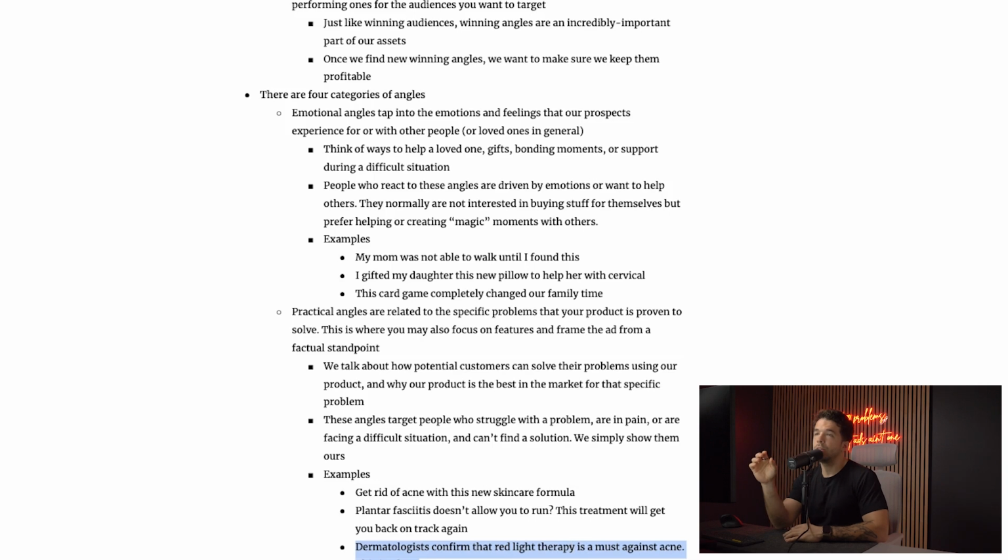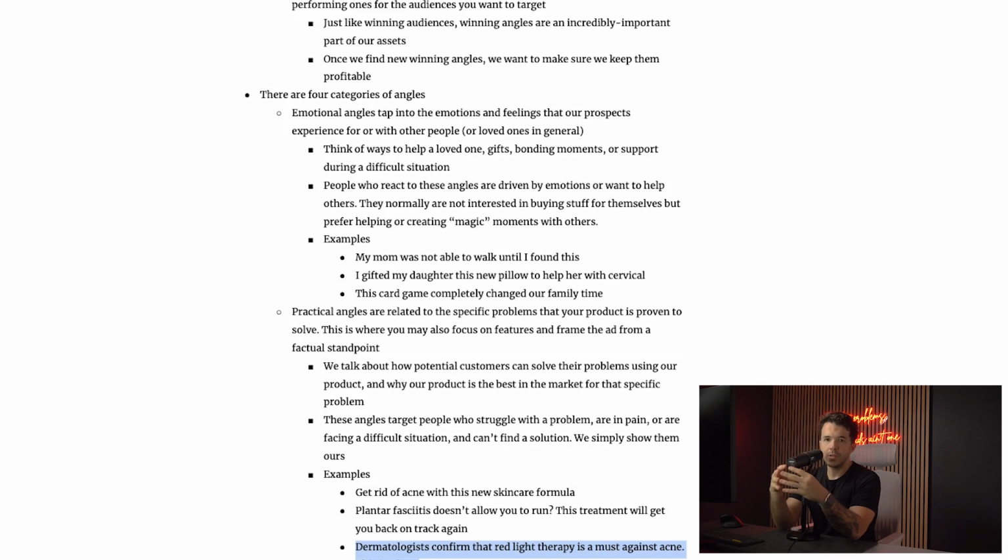Obviously, here we are targeting a different pole of the audience. The people who take action based on an emotional angle very likely are not going to be people who take action based on a practical angle. These are two different types of people.